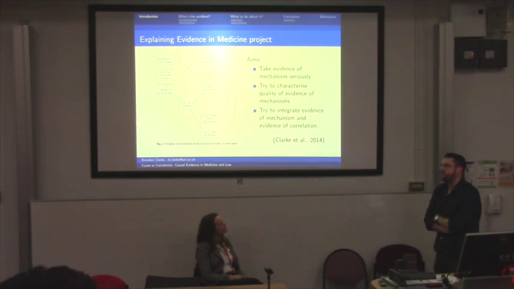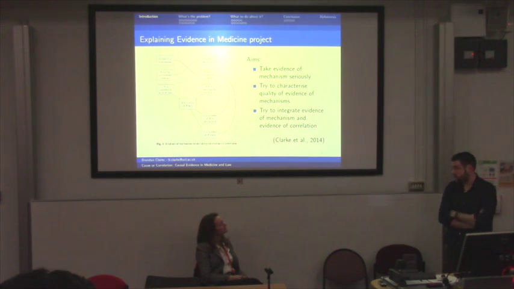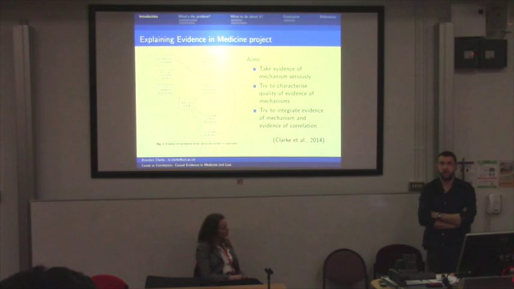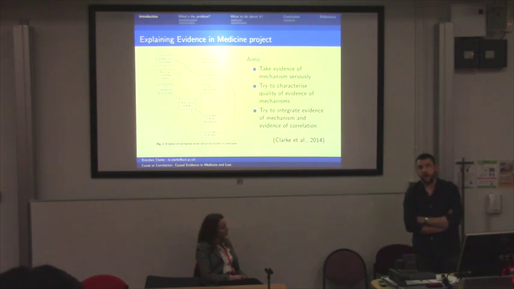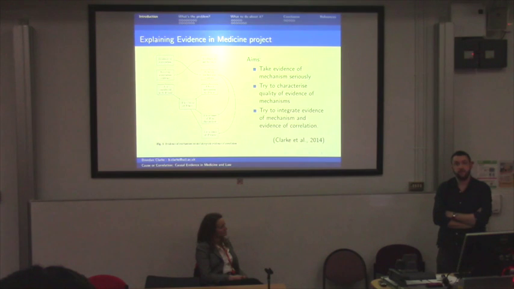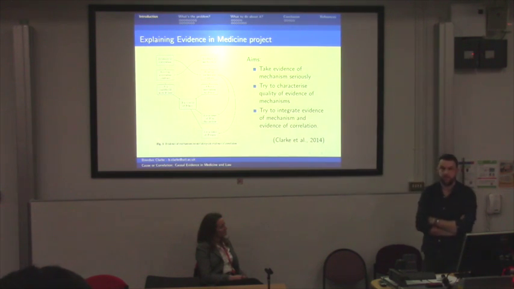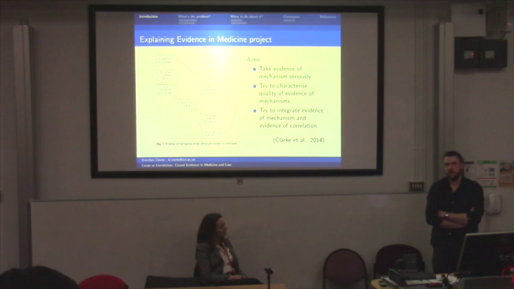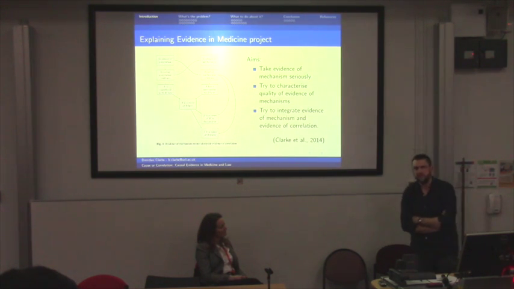So the project we've started, we're working basically with people who make evidence at the moment. We're working with NICE, and for one reason or another, loads of people in Holland, and in the government health and social care department. We're also working with IARC, which you might not be that familiar with.